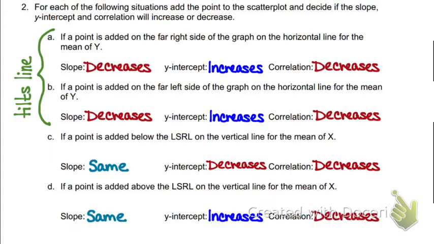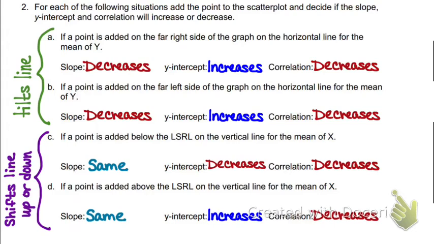When we added a point above, slope stayed the same, y-intercept increased, correlation decreased. All this did was serve to shift my line up or down. The line slope didn't change, but it shifted up or down.